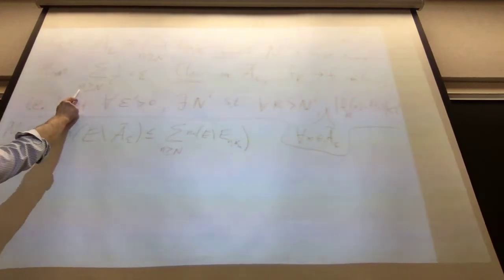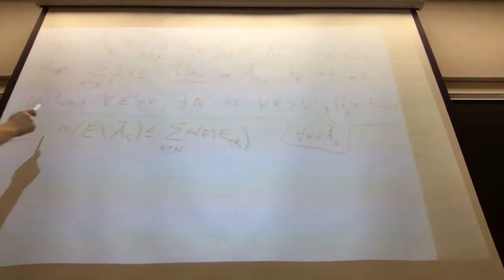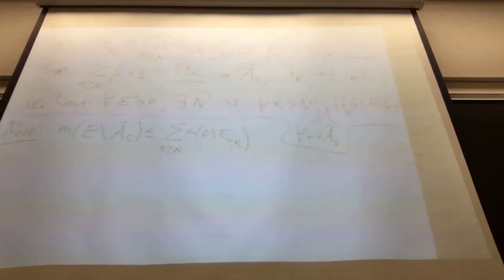It's at most the sum of the measures of E take away E sub nk, where n ranges bigger than this capital N, that was determined by each of these having size 1 over 2 to the n, and this sum is 2 to the minus n. So capital N is like log 1 over epsilon or something. The point is that this is at most epsilon.